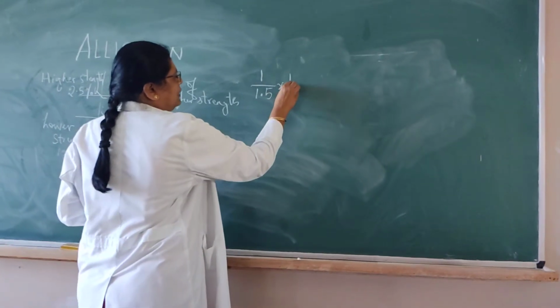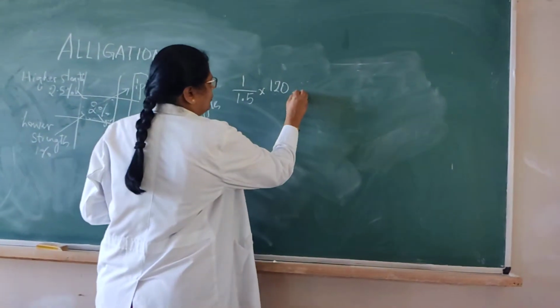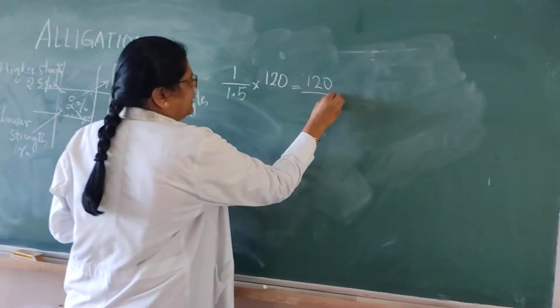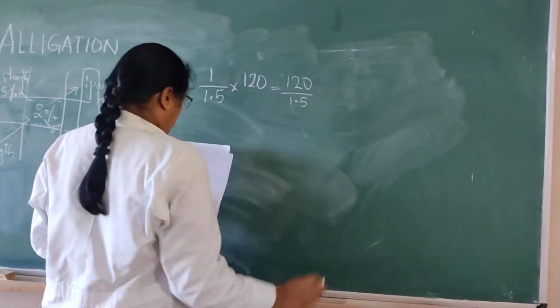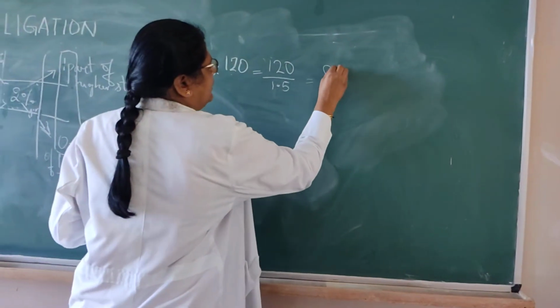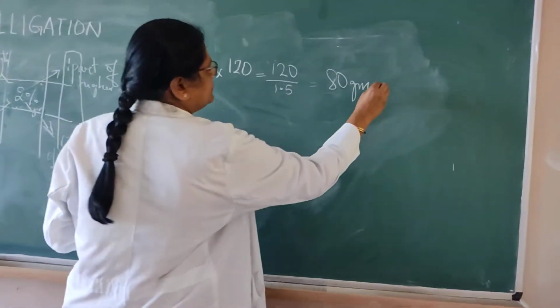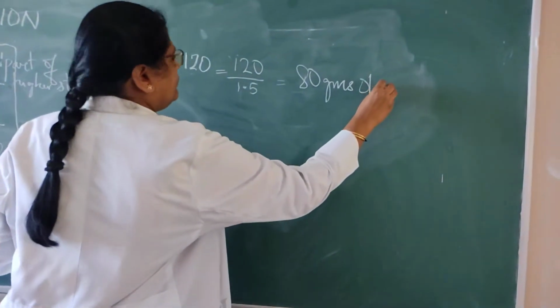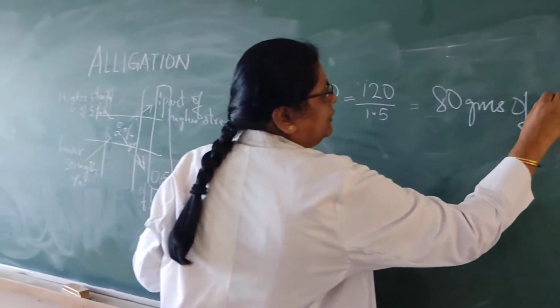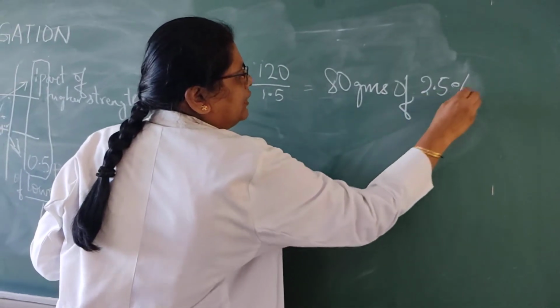Multiply it with the quantity that you need to prepare. So it is 120 divided by 1.5, which is 80 grams of 2.5% ointment.